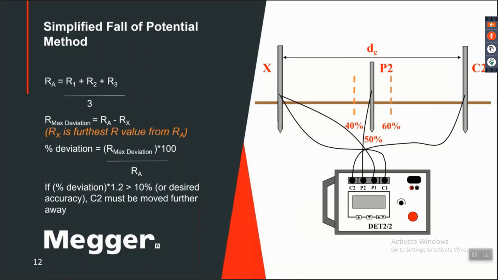For example, to define 10% or 5%, it depends on the customer, on how accurate your measurement needs to be. Maybe some companies put 5%, other companies put 10%. So we need to define the limit value.